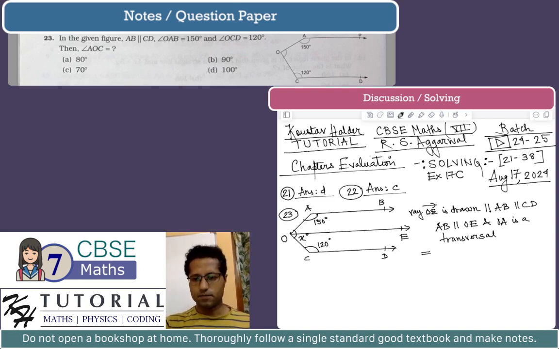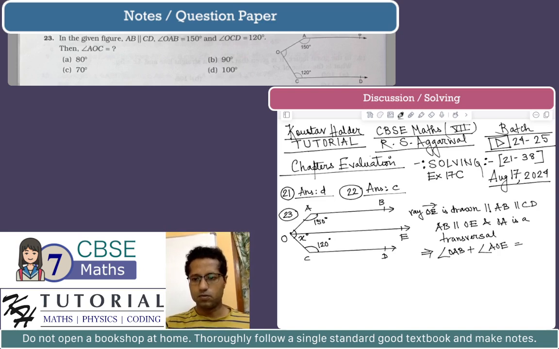So we know that when a transversal intersects two parallel lines, we have co-interior angles, that is, interior angles on the same side of the transversal. We also know that the sum of the co-interior angles is equal to 180 degrees. So angle OAB is one co-interior angle, and the other is angle AOE.